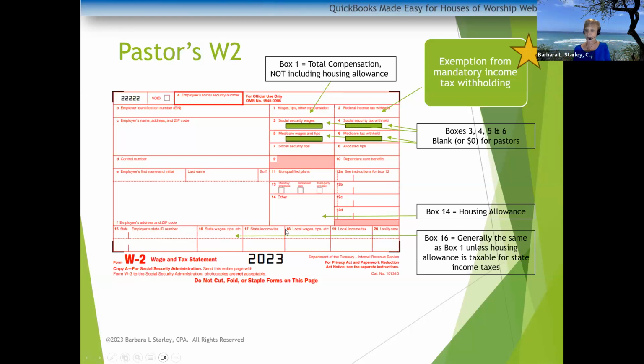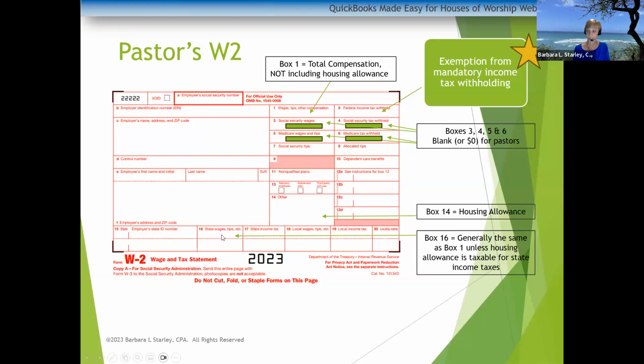If I saw a housing allowance in box 14, I immediately went up here and said, are there numbers in here? Because potentially, on that first check, somebody forgot to mark the box that they were supposed to not be subject to Social Security and Medicare. It was such a great way to cross-check and make sure that we didn't accidentally withhold taxes that we shouldn't have, okay?